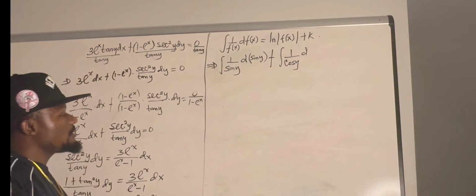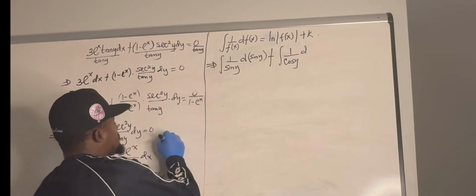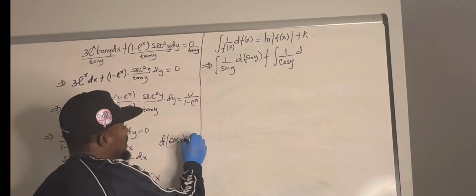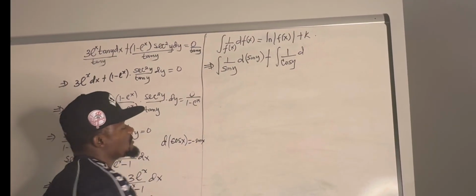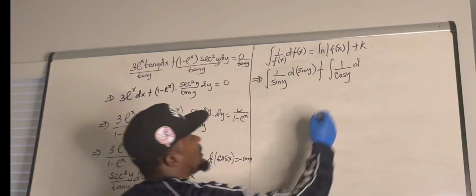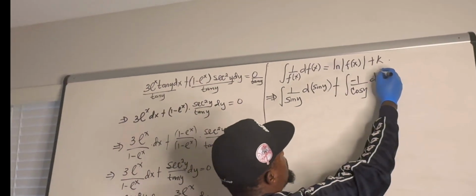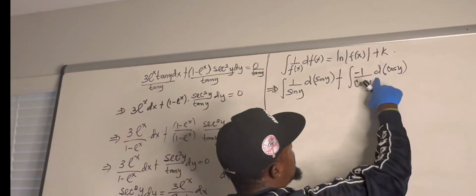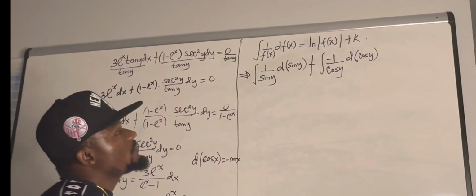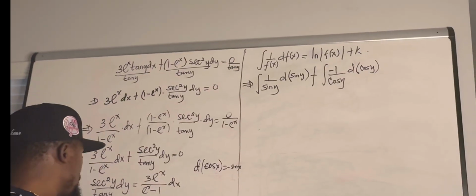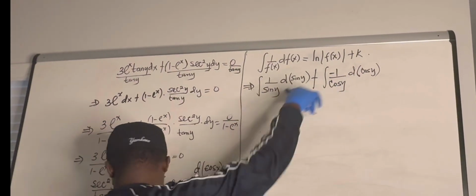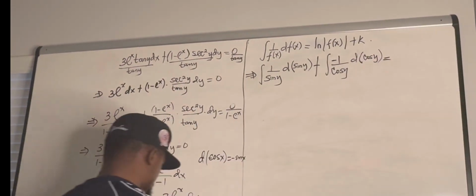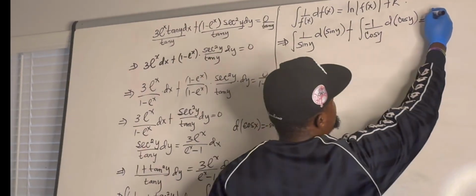But when I differentiate cos x, I have negative sine x. Meaning if I put a negative sign here and I put my cos here, when I derive cos y, I'll have negative sine y, which will cancel the negative sign. And the right hand side becomes 3.